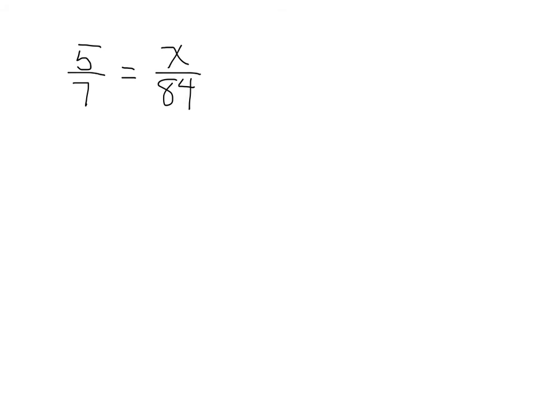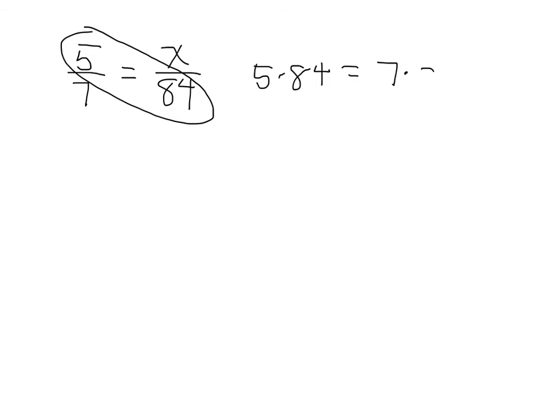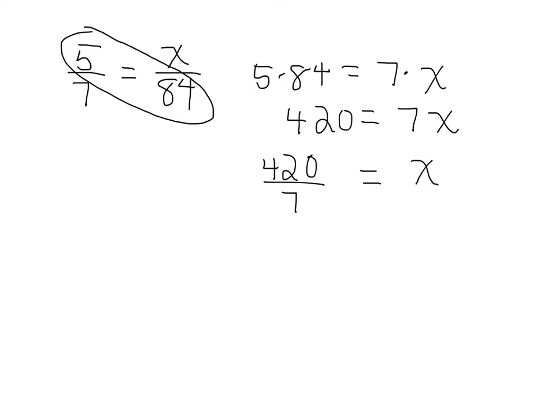In this case, it's probably easiest just to notice that it's multiplied by 12, but if I say 5 times 84 equals 7 times some number, well, 5 times 84 is a little hard to do quickly. 5 times 84 is 420. 420 is equal to 7 times some number, which means that 420 divided by 7 will give us our number, and I can see it's 60.